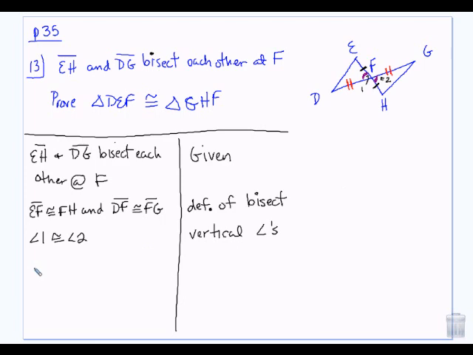So then I can say triangle DEF is congruent to triangle GHF because I have side angle side. And so the way I figured that out is once I had two sides that were the same, I knew that there were only two types of congruence that have two sides. And then I go from there to see which one I can make it be.